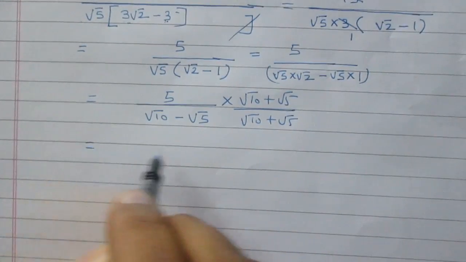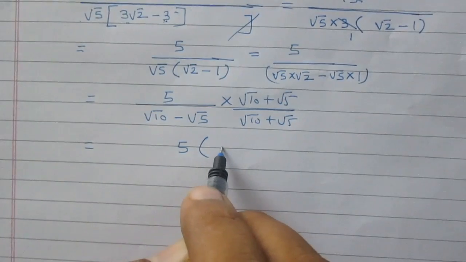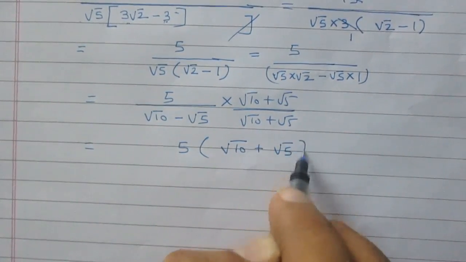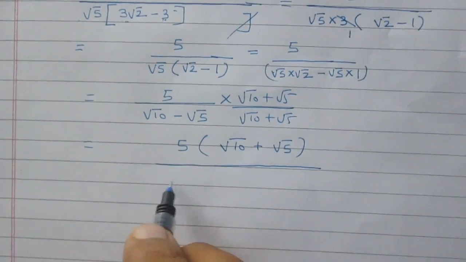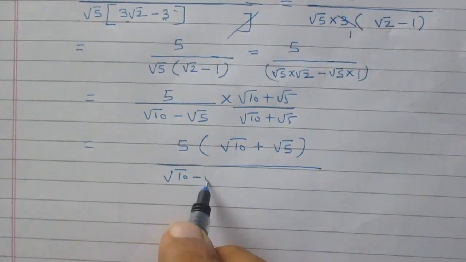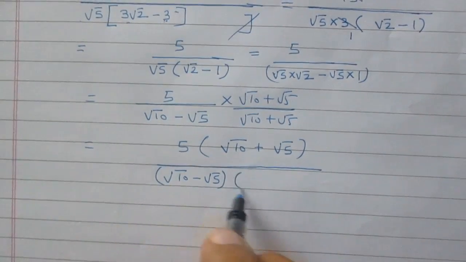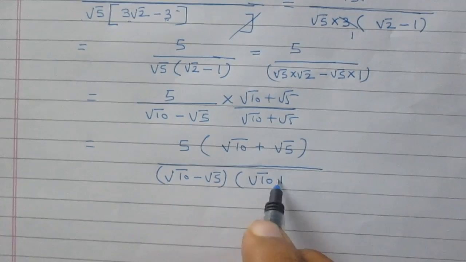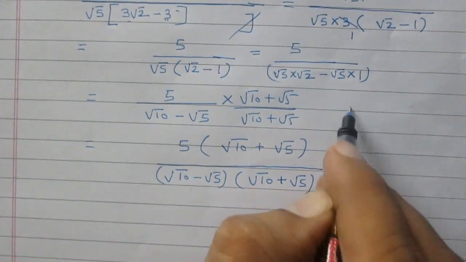After doing so we will get numerator as 5 multiplying with the whole square root 10 plus square root 5, and in the denominator we will have multiplication of two terms. The first is square root 10 minus square root 5 and the second is square root 10 plus square root 5.